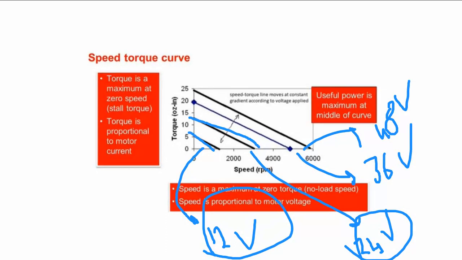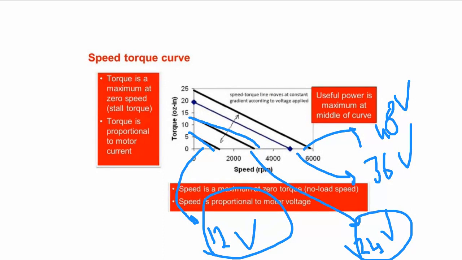Conversely, at the other end of the spectrum, if the load torque on the shaft increases, my speed is going to decrease, and at some point when I reach maximum torque, I will actually stall, or reach the stall condition.